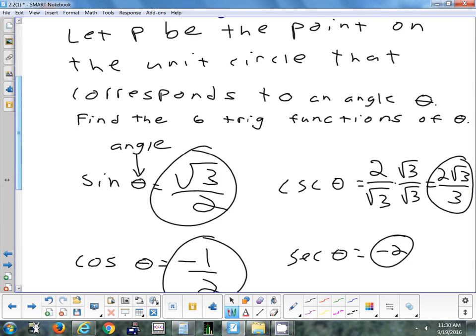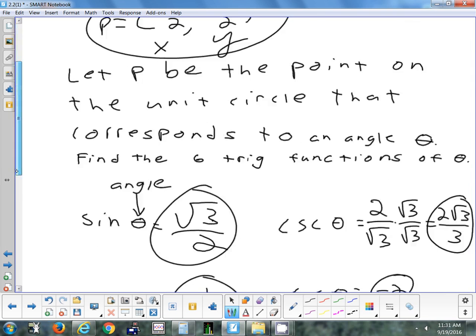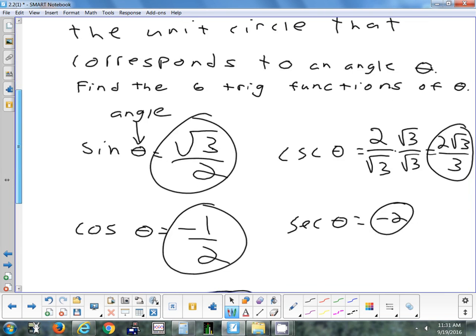We have no idea what angle we were working with in this whole problem. But we don't need to know. All we need to know is where the angle is. Okay? I don't need to know what it is. Could I find what it is? Absolutely. I could look at that and that's enough information to tell me what this angle is. But that's not what we're doing this week.